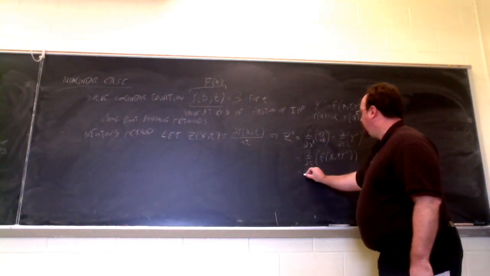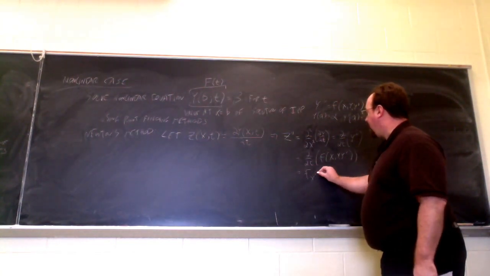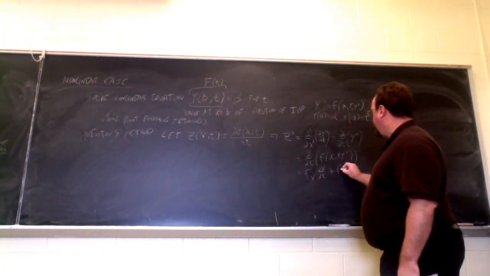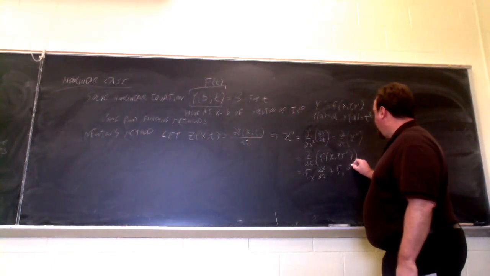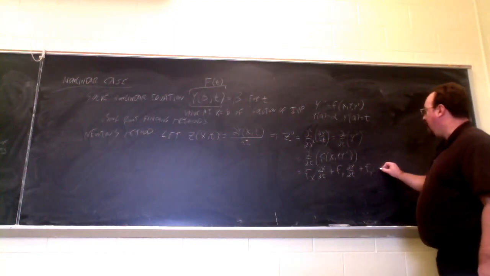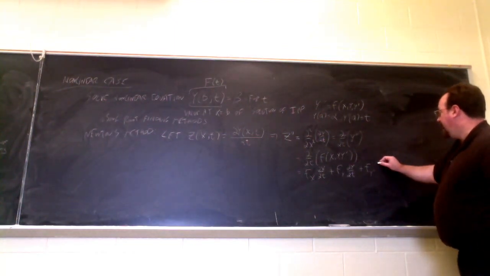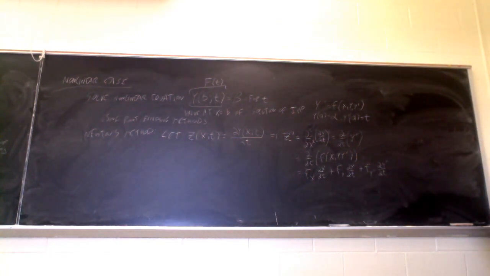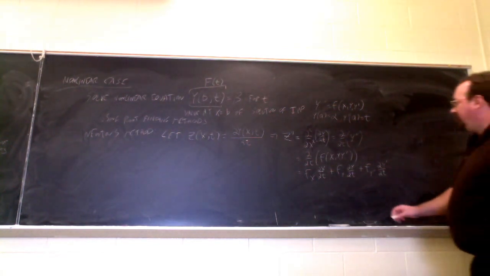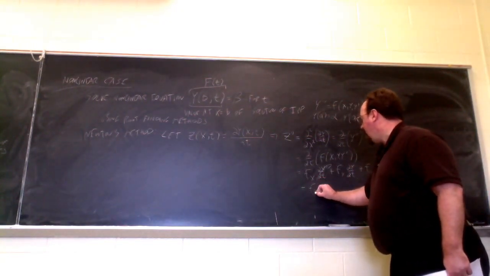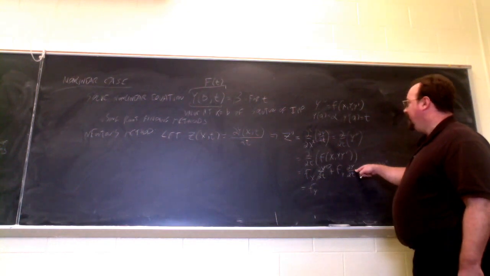So this would be the partial of f with respect to x, partial of x with respect to t, plus the partial of f with respect to y, partial of y with respect to t, plus the partial of f with respect to y prime, treated as an independent variable, times the partial of y prime with respect to t. But x does not depend on t at all, so that part is 0. So we have f_y, and then dy dt, that's z.